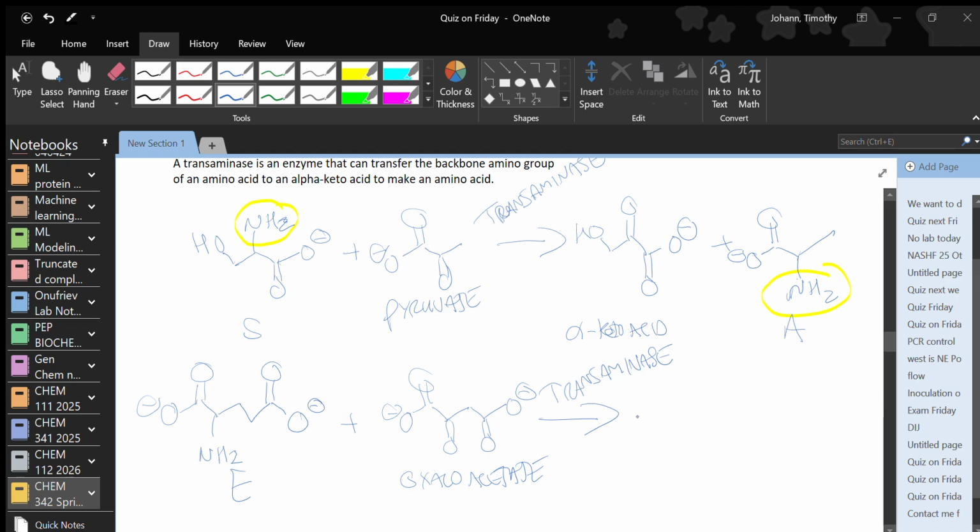Okay, but then what we're going to end up with is alpha-ketoglutarate, and we're going to end up with aspartate.